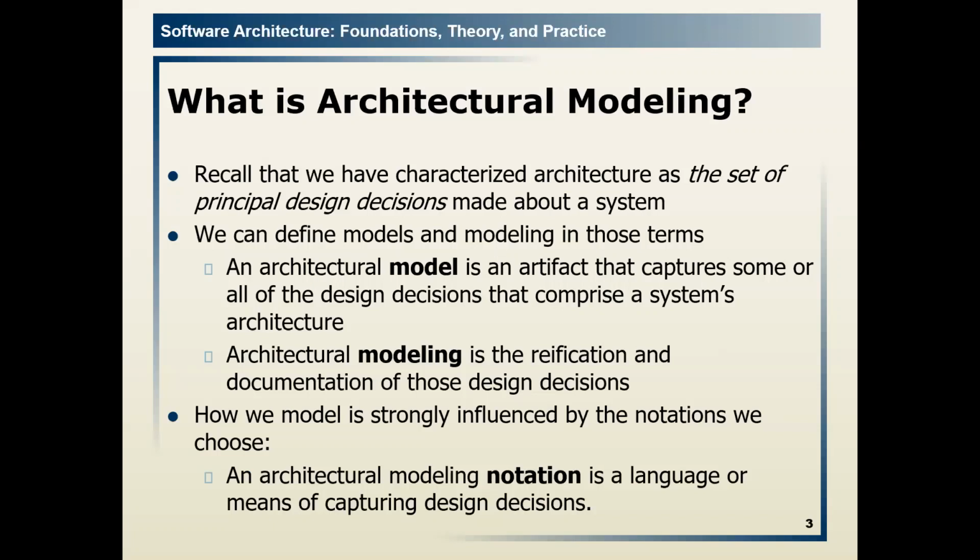You have to decide what are the important aspects of the design that you can consider as principal. So we can define models and modeling in those terms. An architectural model is an artifact that captures some or all of the design decisions that comprise a system's architecture. Then architectural modeling is the reification and documentation of those design decisions.